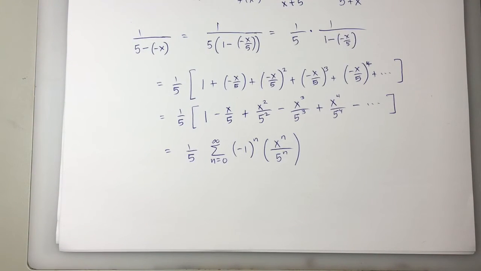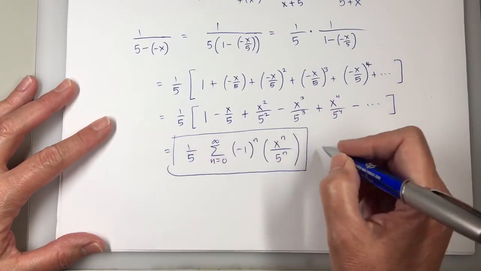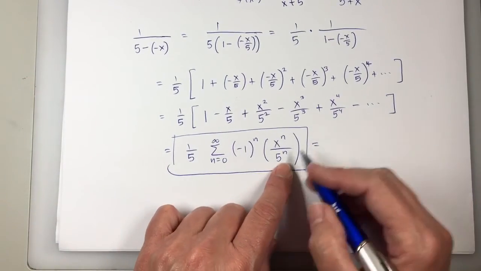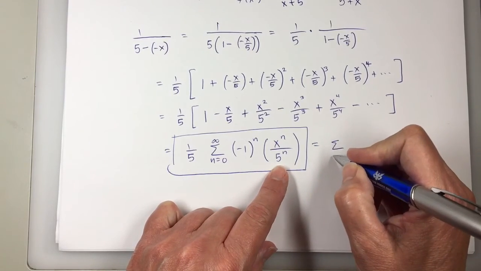I could now take the 1/5 that's factored out and put it in there. I'd be okay if you leave it like this. If you put that 1/5 in, that's just going to make this exponent n plus 1.